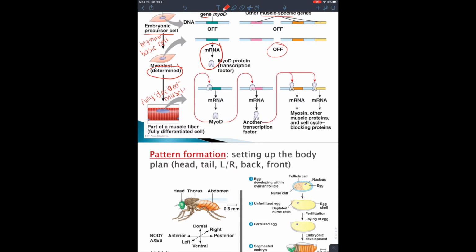So this precursor, through a series of regulatory steps, has now been put into that muscle cell category. All of my muscle proteins are turned on. All of my transcription factors related to those muscle proteins are on. This will now turn into a muscle cell.